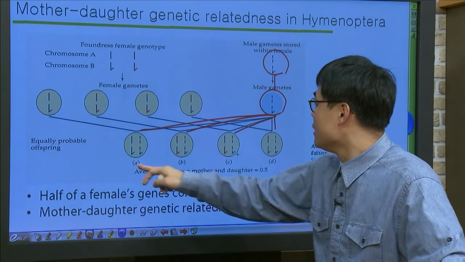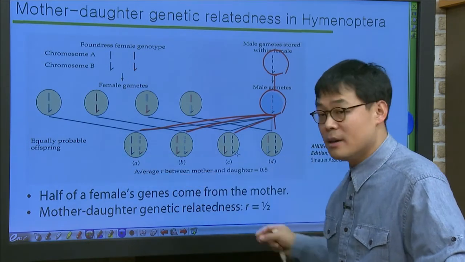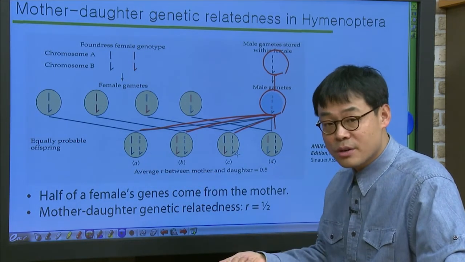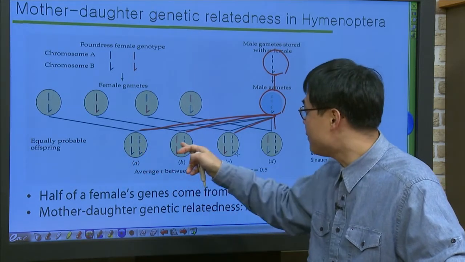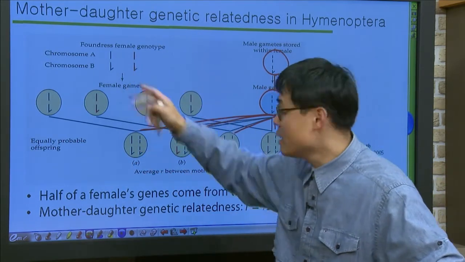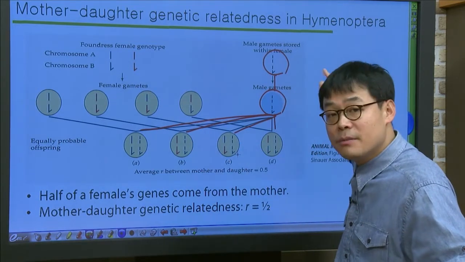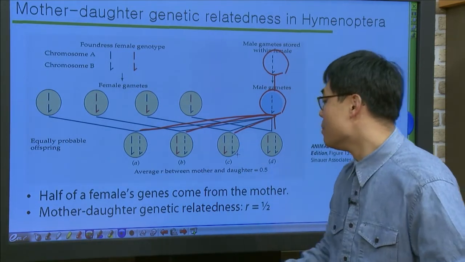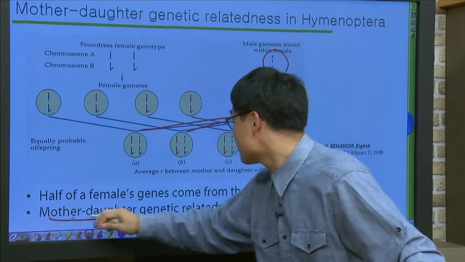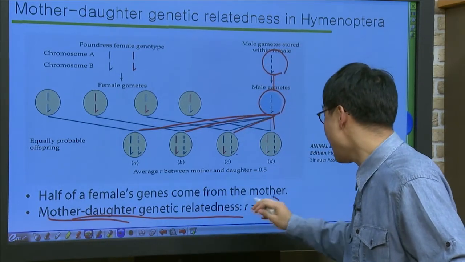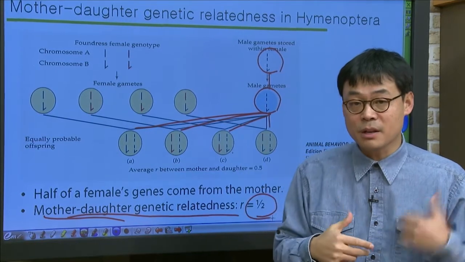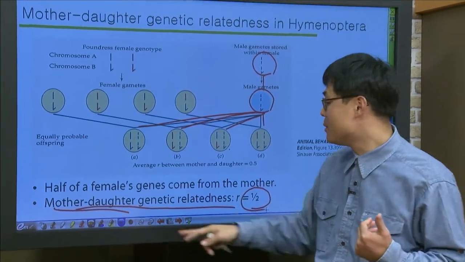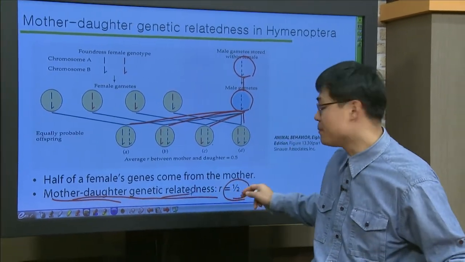Now here, all these 4 are the daughters who are workers, and half is from the queen, and the other half is from the drone. So the mother-daughter genetic relatedness is a half. It's half of the genes from the mother, half of the genes from the drone, so the mother-daughter genetic relatedness is a half.